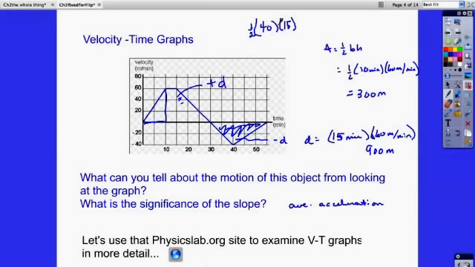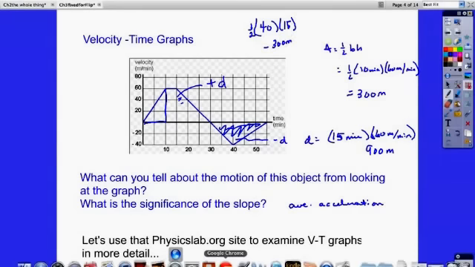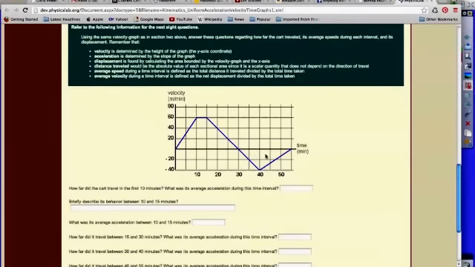Half of 40 is 20, and 20 times 15 is 300 meters. And it'll be negative because it's moving in a negative direction. This area right here and this area right here are both negative. And yes, 40 was this, and that value is 15, so the math was right.